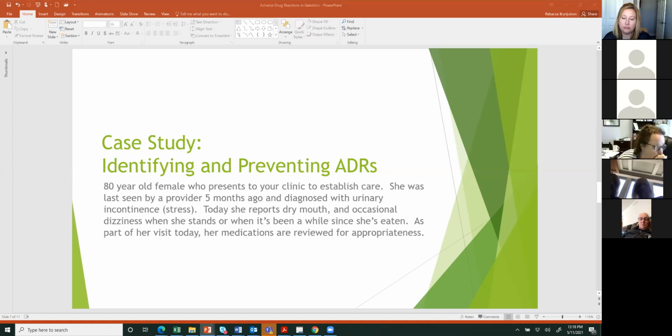So definitely we want to review her medications. We also want to be sure that if we have the ability to decrease or eliminate medication side effects, we do that. We want to avoid prescribing cascades. A prescribing cascade would be an event where a medication or an agent is added to take care of a side effect that was caused by another medication. So we always want to try to avoid those prescribing cascades.